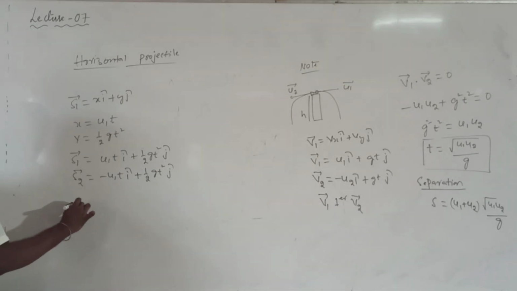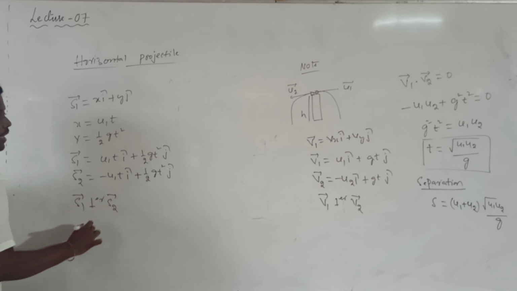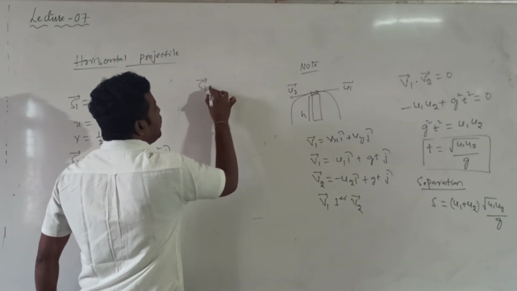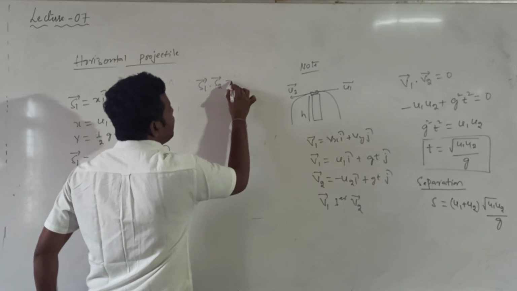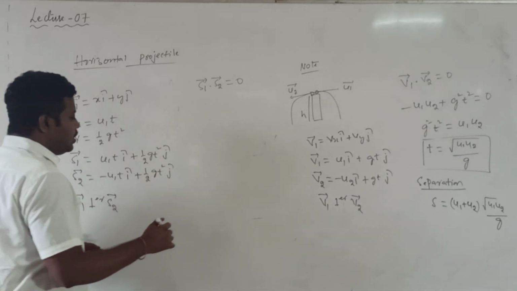Then they given that S1 bar is perpendicular to S2 bar. Same condition we will apply. Whenever two vectors are perpendicular, their dot product S1 bar dot S2 bar will be equal to 0. When S1 bar dot S2 bar is equal to 0, what I get?